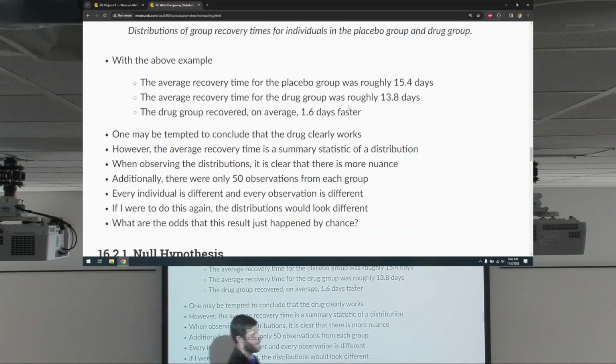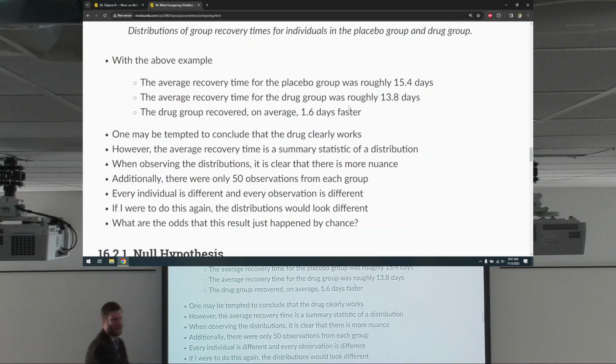Additionally, there were only 50 observations from each group. Every individual is different, and every observation is different, right? The drug might be effective, but if I gave it to you, and I gave it to myself, it might have wildly different effects, right? And if I were to redo this trial, chances are the distributions are going to look a little different. Maybe not wildly different, but they're going to look a little different.